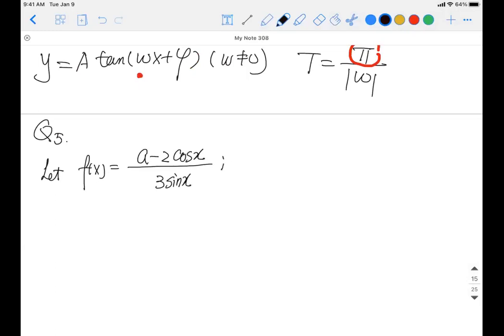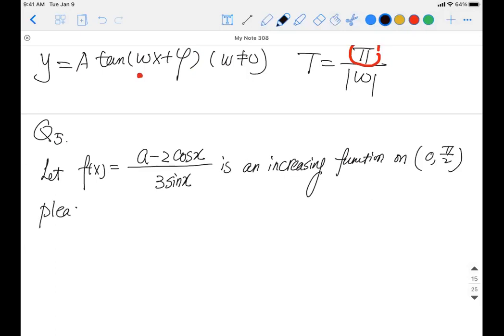This function is an increasing function on (0, pi over 2). Please determine the range of a.